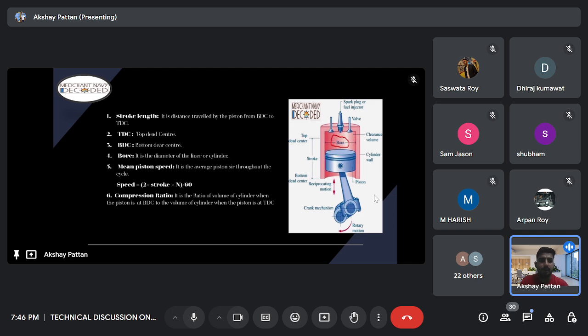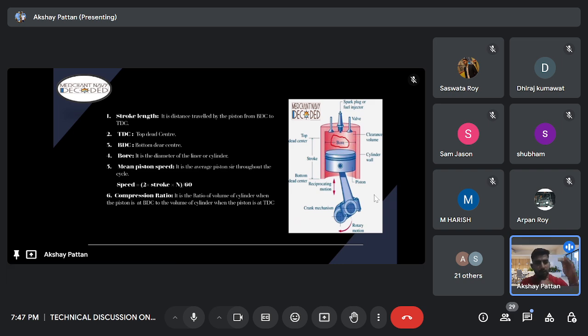Okay. Next one is mean piston speed. Someone said that mean piston speed is the average speed of the piston in one stroke, right? Actually, mean piston speed is the average piston speed throughout the cycle. It is the average piston speed when the piston moves from TDC to BDC in the suction stroke, and again moves to the TDC in the compression stroke, and again moves to the BDC in the power stroke and in the exhaust stroke.